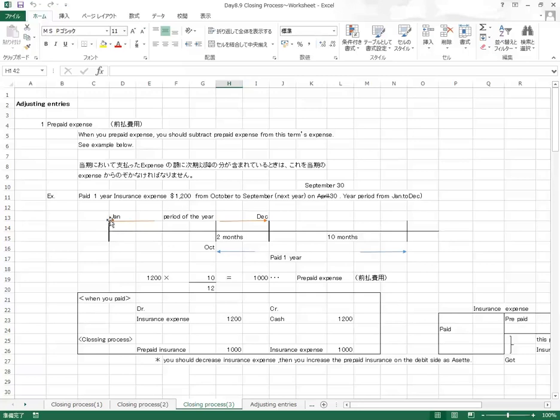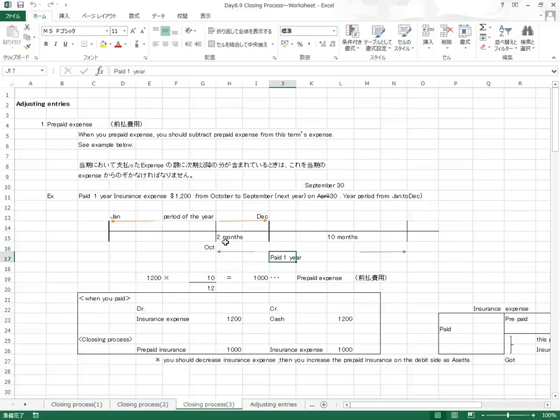The term is from January to December. And then you pay insurance expense $1,200 from October to next year, September. Paid 1 year cost. So only 2 months of insurance expense belong to this term.